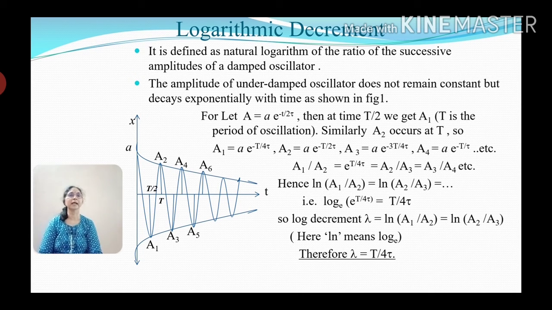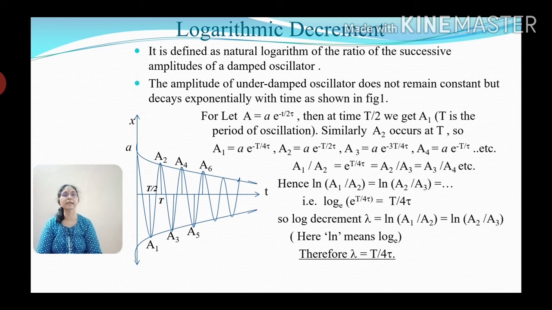Then at T by 2 we will have A1, at T we will have A2, at 3T by 2 we will have A3, and at 2T we have A4. So, to get A1 we replace small t by capital T by 2, and we have the equation A1 is equal to a e raised to minus T upon 4 tau, A2 is equal to a e raised to minus T upon twice of tau, like that.